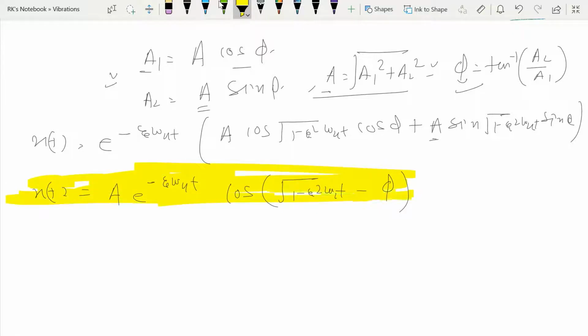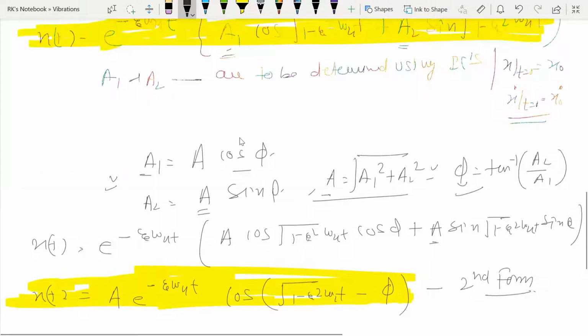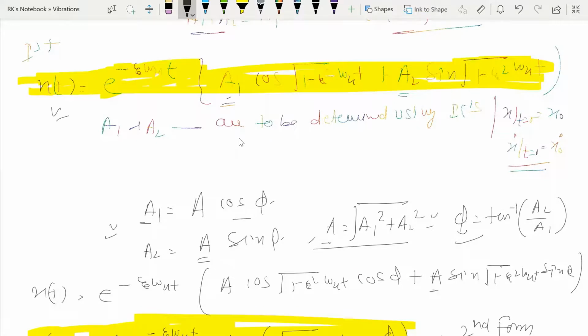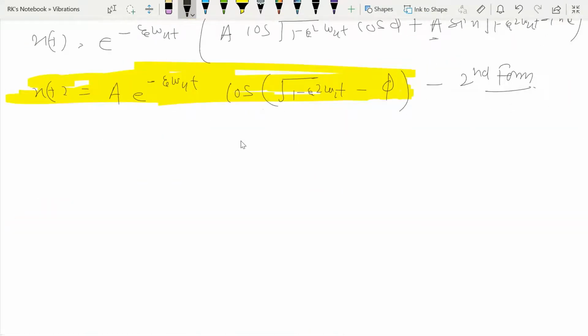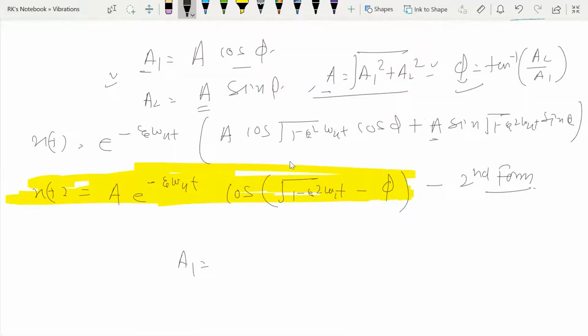Now we can develop the third form of the solution. The third form can be developed as, if in this solution we represent A1 and A2 in this form, A1 can be represented as A naught sin psi, and A2 can be represented as A naught cos psi.